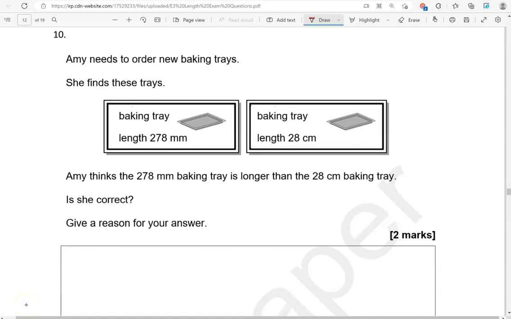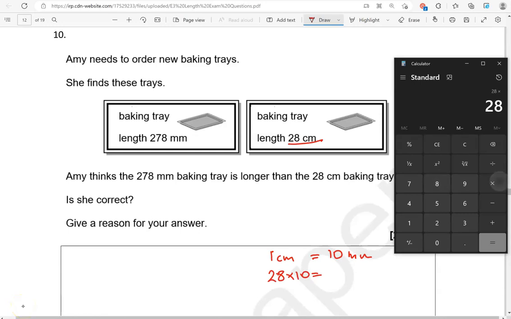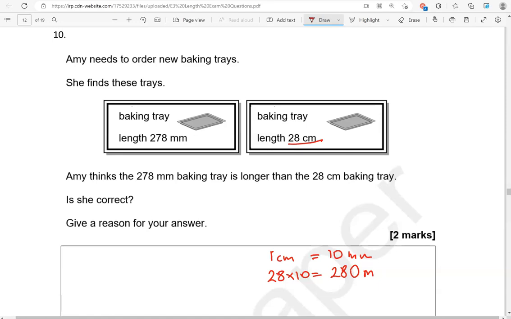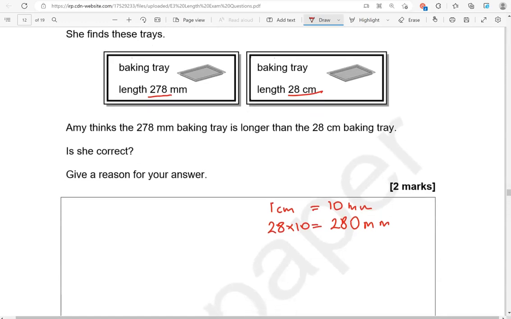So as we said earlier, in 1 centimeter there are 10 millimeters. So 28 centimeters, to convert them into millimeters, we do 28 times 10, which is 280 millimeters. So 278 is smaller than 280.